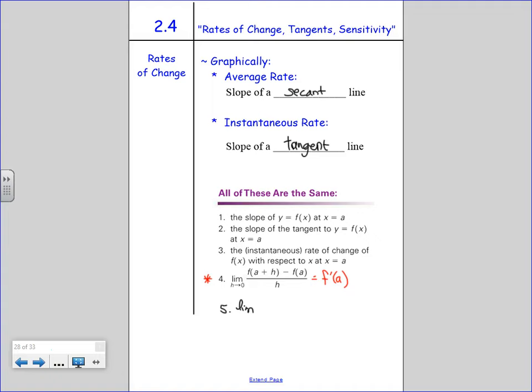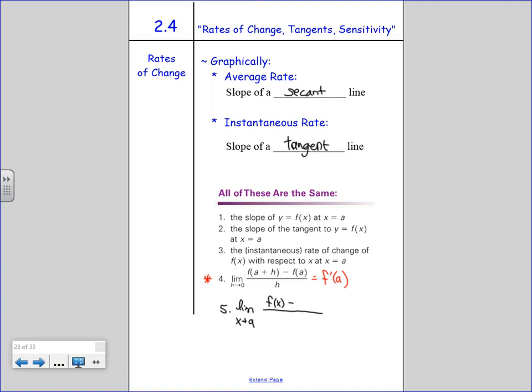What's the other way of writing it? You guys know. I'll start it off. Does that help? There's no h. You need to make it 0 over 0.